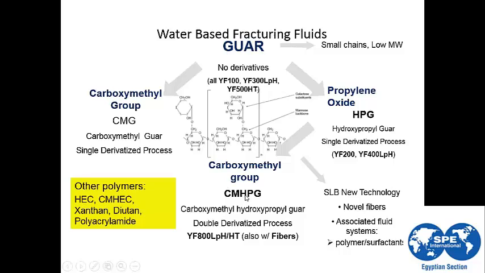This CMHPG is the highest temperature rated fracture fluid in the market. So this means that as we increase the number of derivatives, the stabilization of the polymer against temperature is increased.